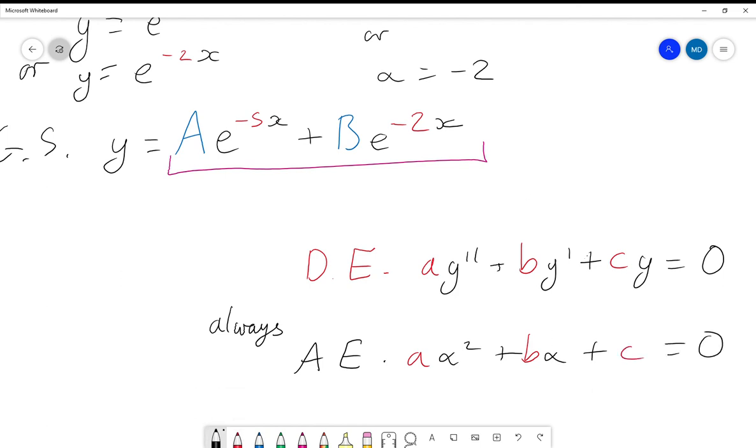Always. And then all you need to do is solve this quadratic.